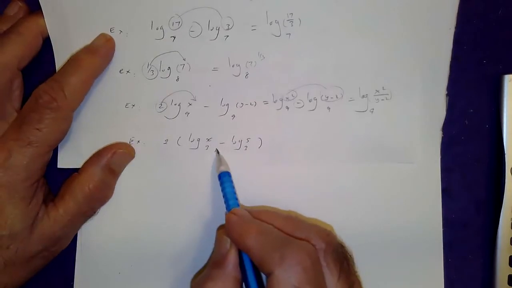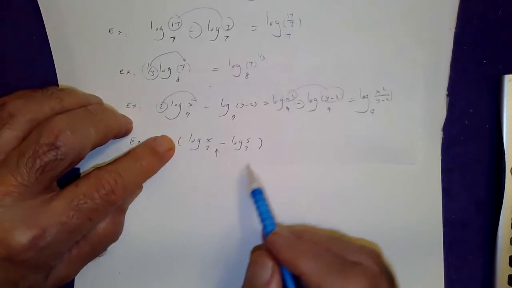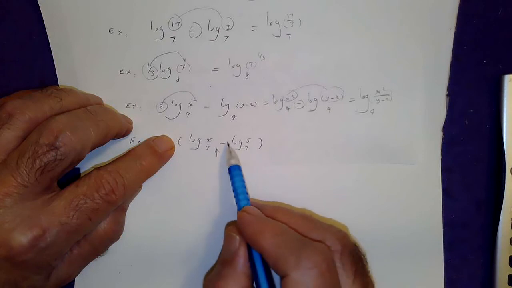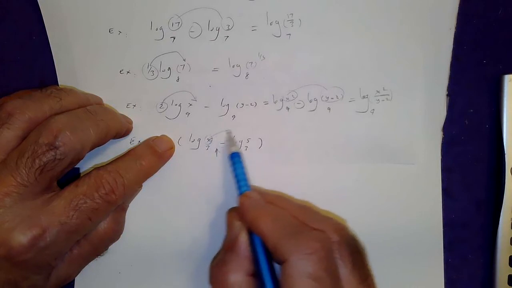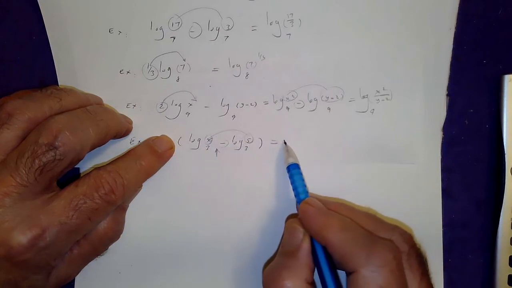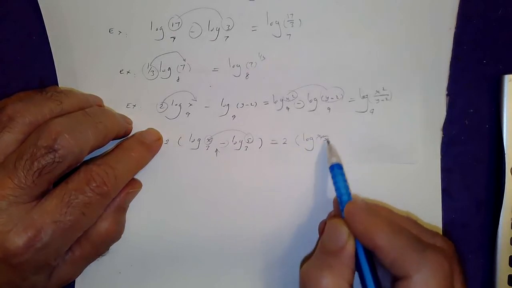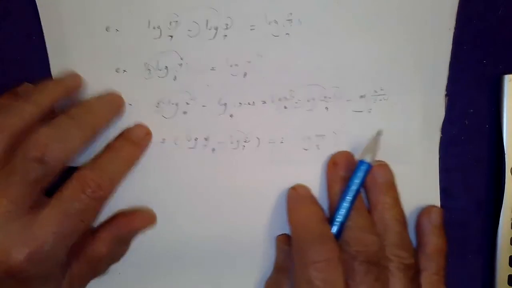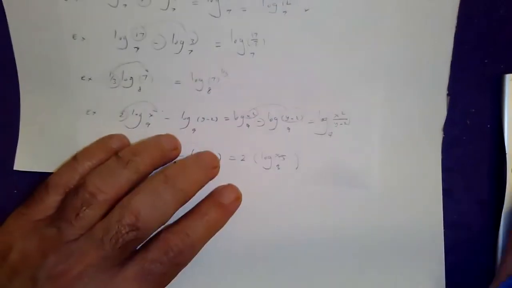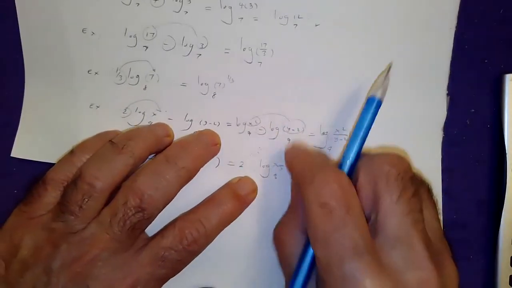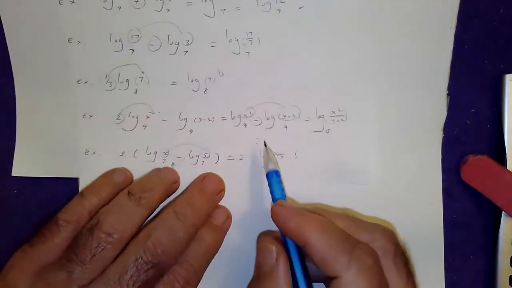Here, first I've got to do what's inside the parentheses. Don't worry about the 2. Remember, subtraction comes from division of the logarands. So this should be log of x over 5 base 3. Is that right? So there is no need for parentheses. But remember where the 2 came from.